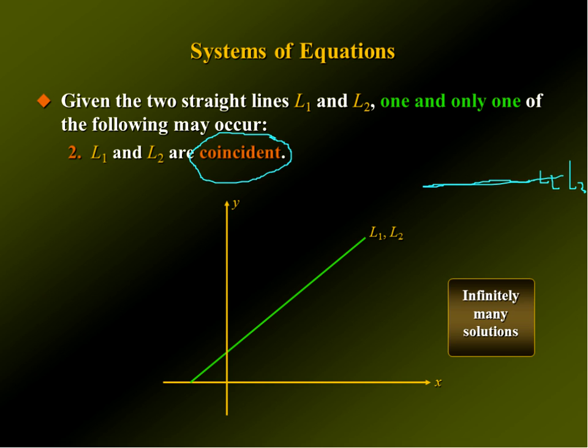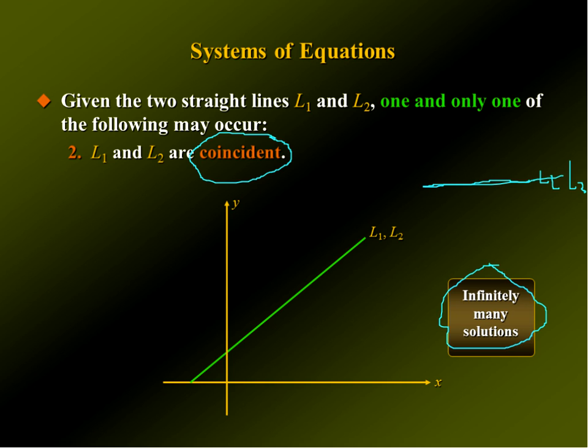As you see in the graph, L1 and L2 are coincident, or the same line. Then we say that there are infinitely many solutions. If we have two lines and they are coincident, then we say there are infinitely many solutions.